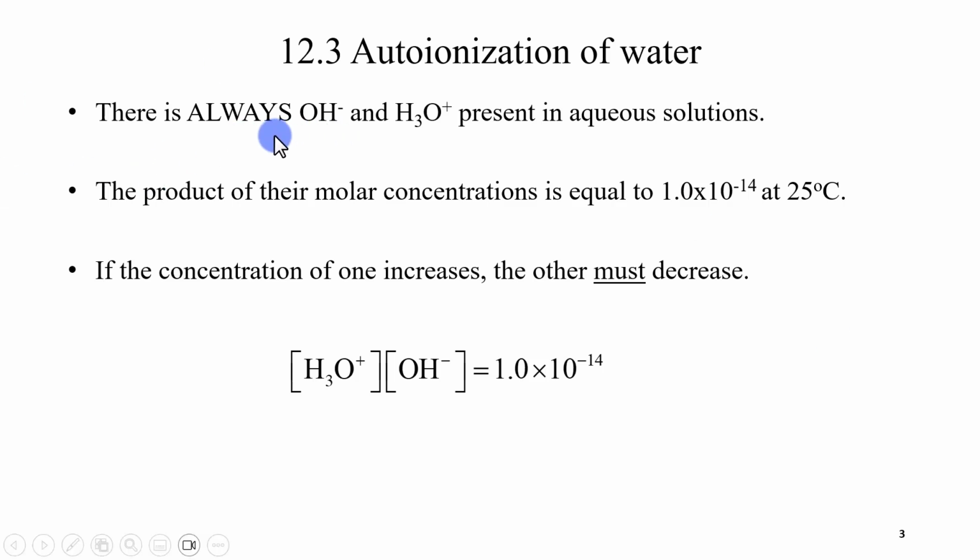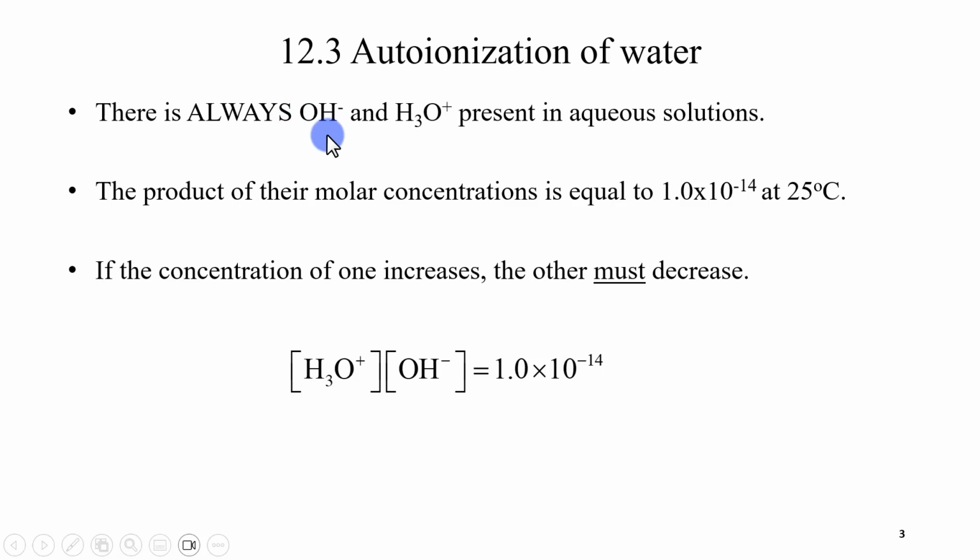We just said that there's always OH minus and H3O plus present in all aqueous solutions. In pure water, they're equal, but if there's other sources of OH minus and H3O plus, then these are obviously not equal any longer.